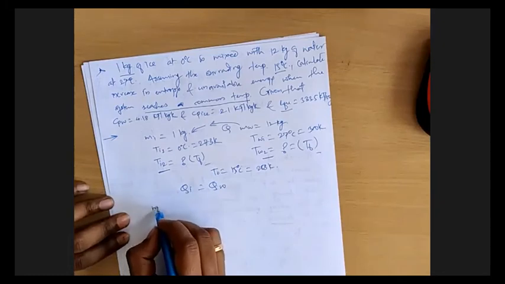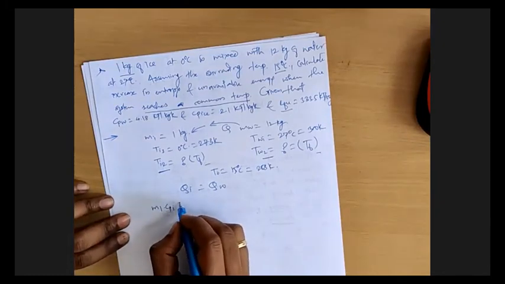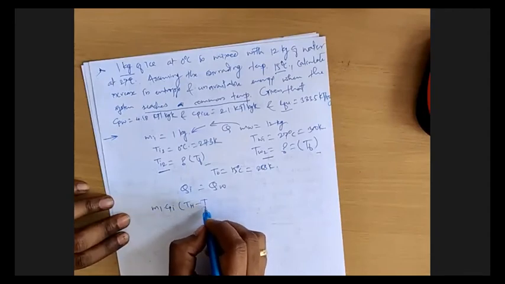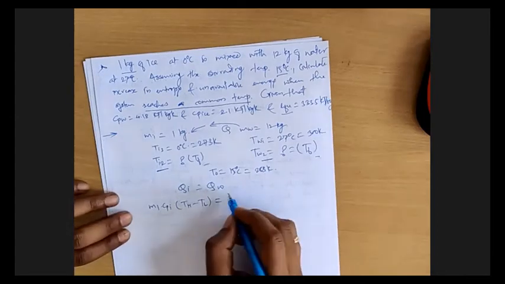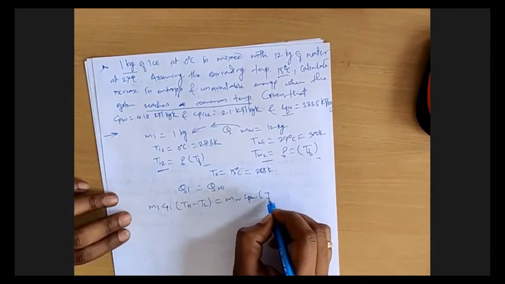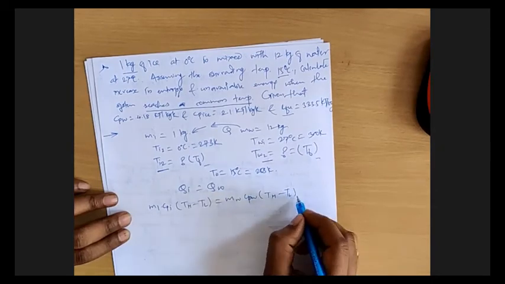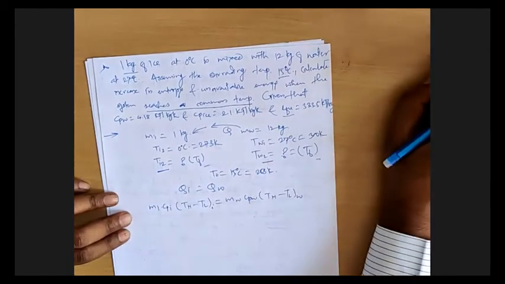So mass of ice into specific heat of ice into T higher minus T lower, that is for ice, is equal to mass of water, specific heat of water, T higher minus T lower for water. This is for ice, this is for water.